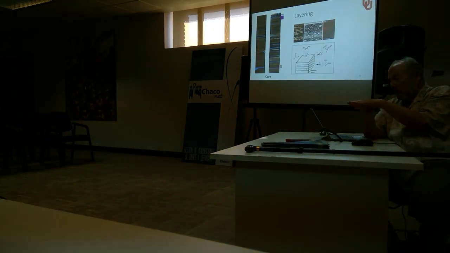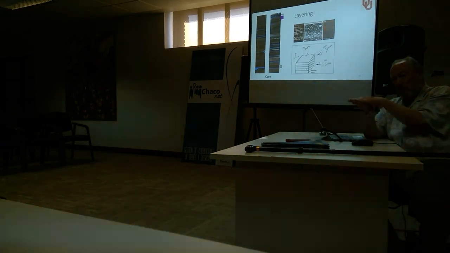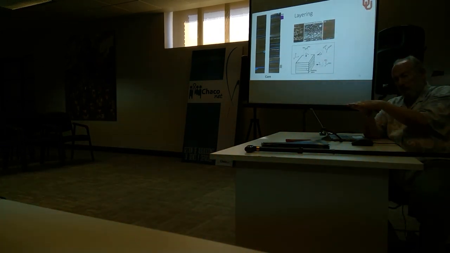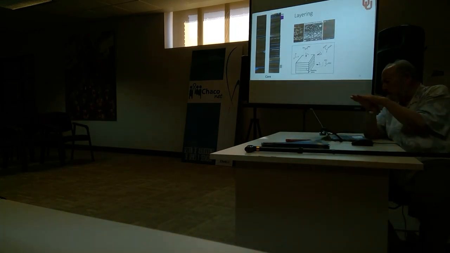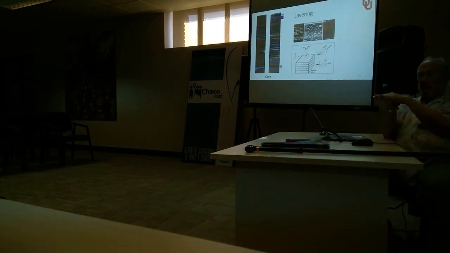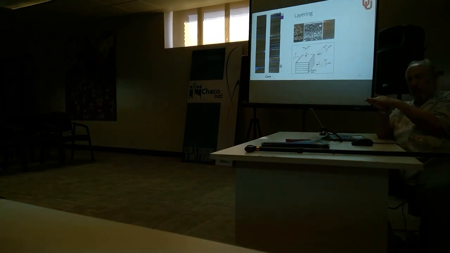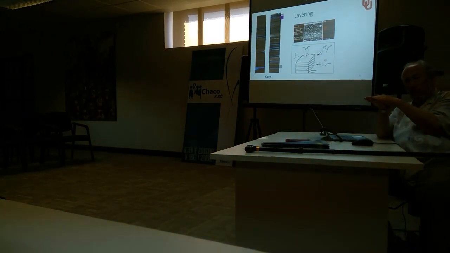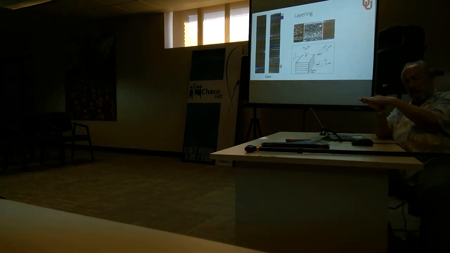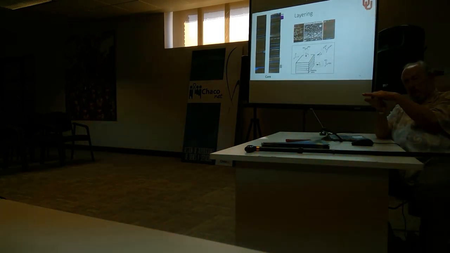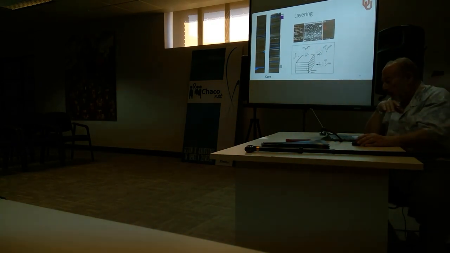So each layer is a single geological sedimentation event. What that means is that the boundary between those layers is weak. It's not going to be chemically bonded at all. It's just going to be a physical boundary between two depositional units, even though they're very small.